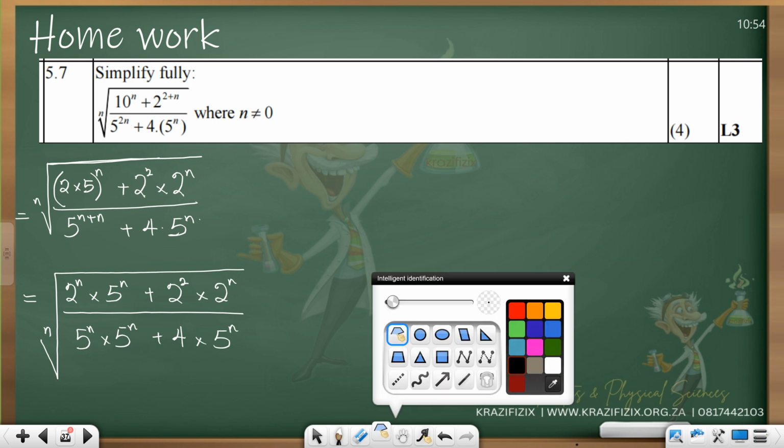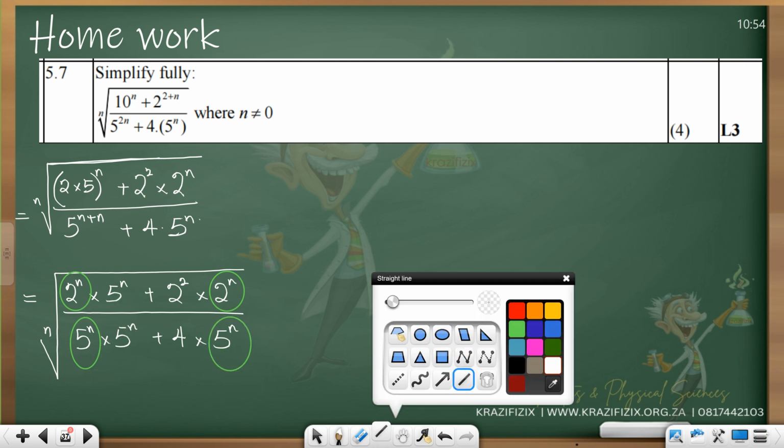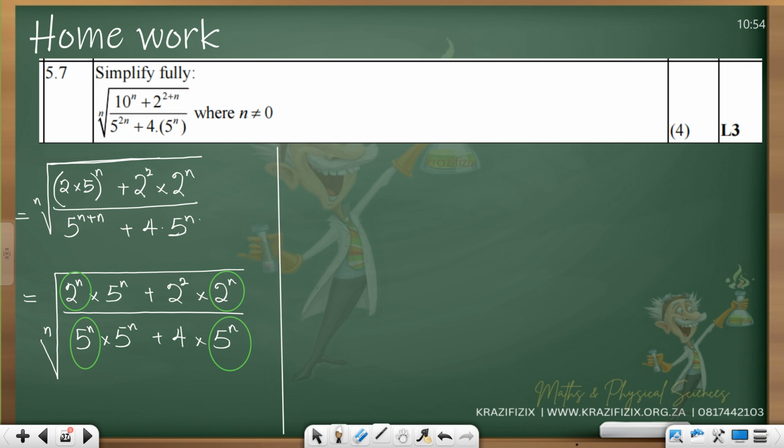Now let's observe what we have. At the numerator, this seems to be common, and at the denominator, that seems to be common. So we can quickly pull out what's common. Let's still leave the root so that it's not so clumsy. What's common? 2 to the power n.